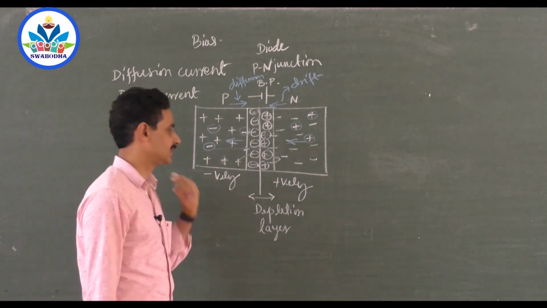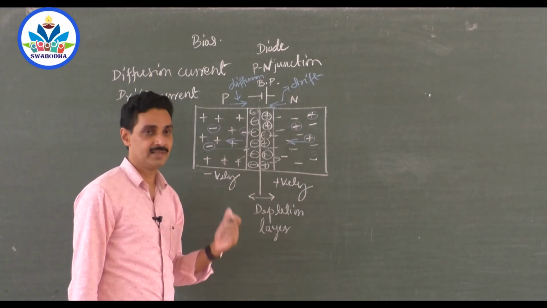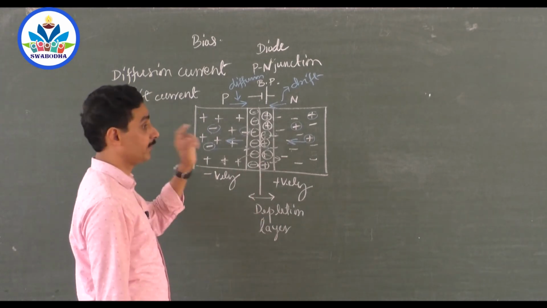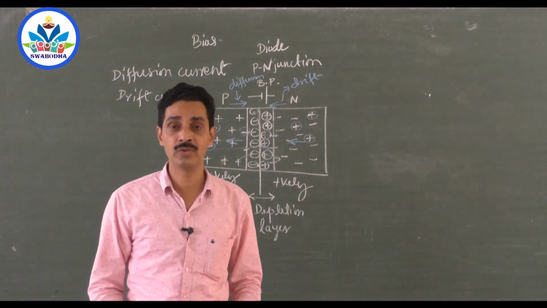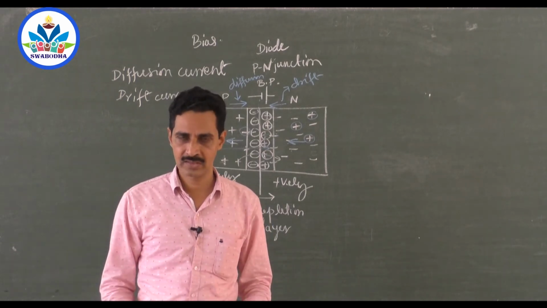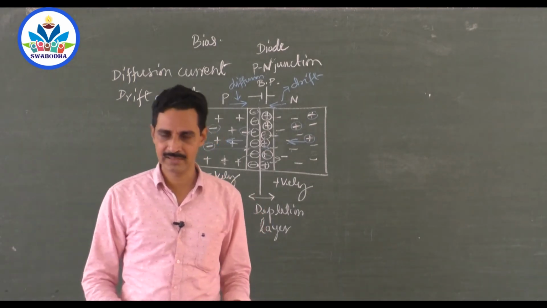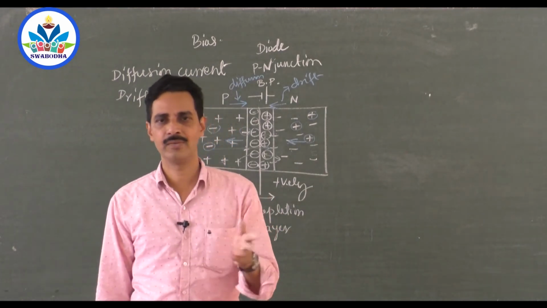Now that junction is ready. If you want to work with the diode, you have to connect an external battery. That type of energizing, giving energy to the electrons and holes in the PN junction by connecting the external battery, is called biasing the PN junction. And there are two types of bias, forward bias and reverse bias.